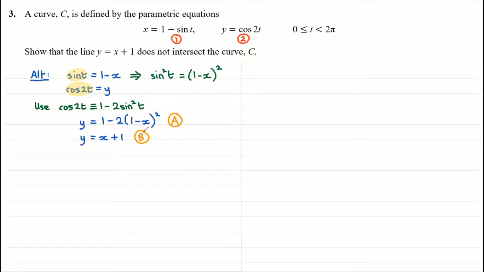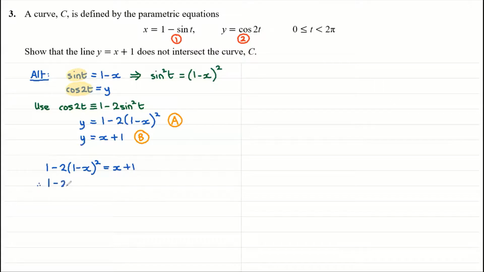Okay, now if you want to see whether those two curves intersect or not, then you simply just set them equal to each other. Now, you'll notice I've not mentioned the range of values of t at the moment, but I'll get onto that later. So if we set them equal to each other, we're going to have 1 subtract 2 lots of 1 minus x all squared is equal to x plus 1. And we just have to expand and simplify now.